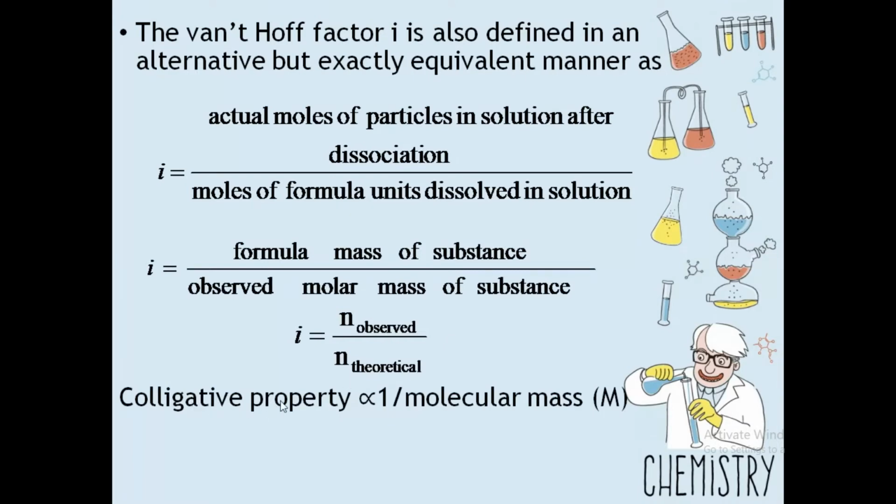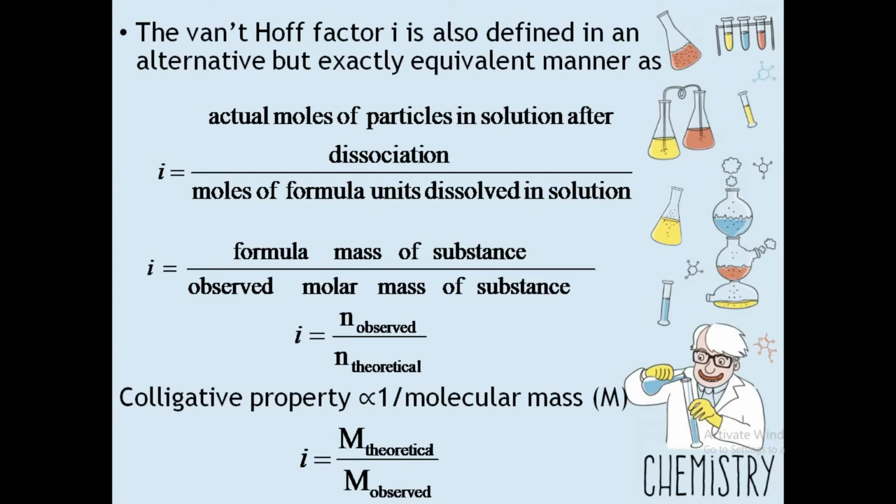We know that colligative property is inversely proportional to molecular mass. So van't Hoff factor in case of molecular masses is equal to M theoretical and M observed, as it is inversely proportional. So this will be theoretical and this will be observed.